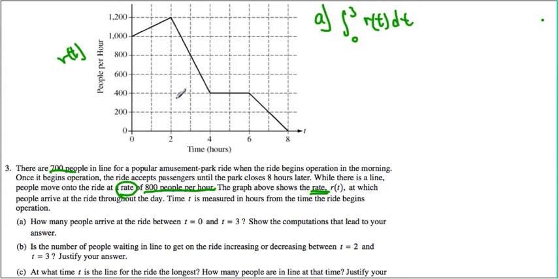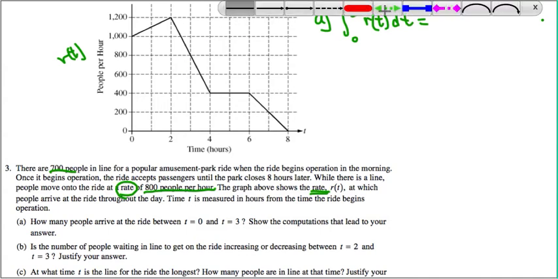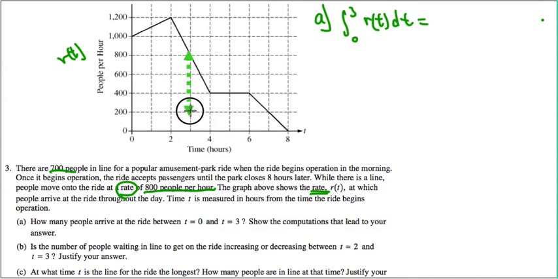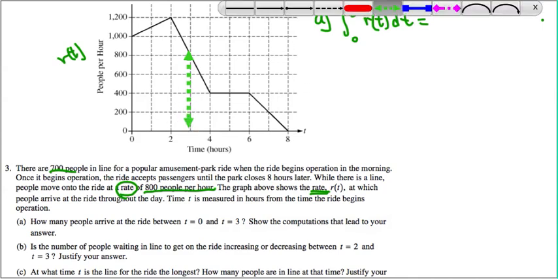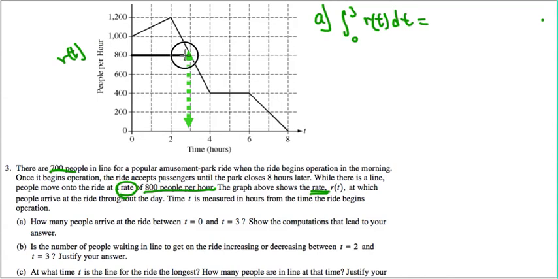There are many ways to do it. One way is finding the area under this portion, and then I'll convert this one this way. This is 3 times 800, so this is 2400. This one is 1 hour times 400, but it's a triangle, so 1 times 400 divided by 2 is 200.